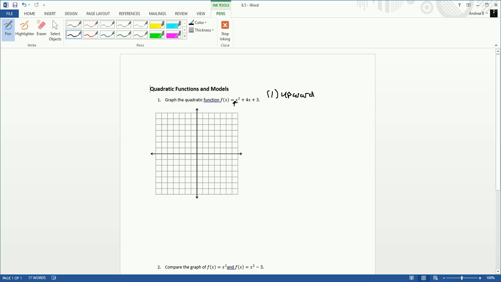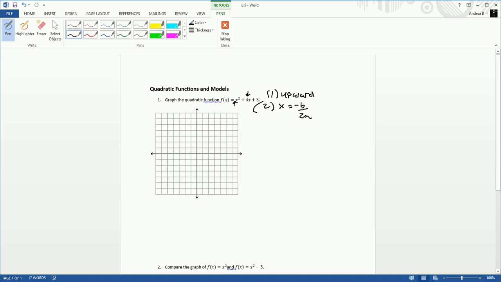For the next step, it's going through and trying to identify what the vertex is. To get the x coordinate of that, we can do negative b over 2a. Just a reminder that a is the number in front of that x squared, which in this case is a 1, and b is the number in front of your x term, which is a 4.